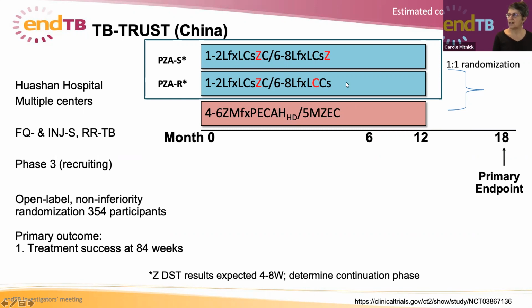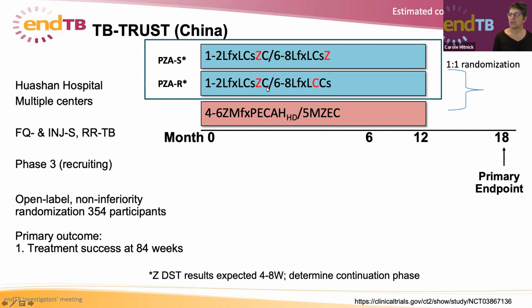Or to get an all-oral regimen that notably does not include any of the newer drugs, no bedaquiline, no delamanid, no pretomanid. Then among those who are randomized to this pyrazinamide resistance guided treatment strategy, when their PZA resistance results are returned, if they're sensitive, PZA is retained and clofazimine is discontinued.